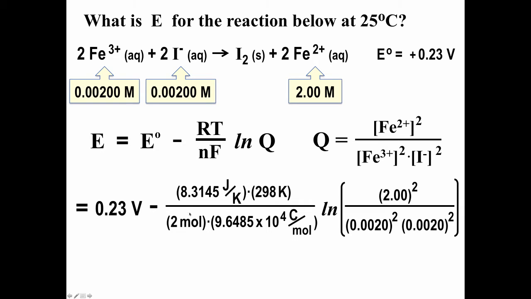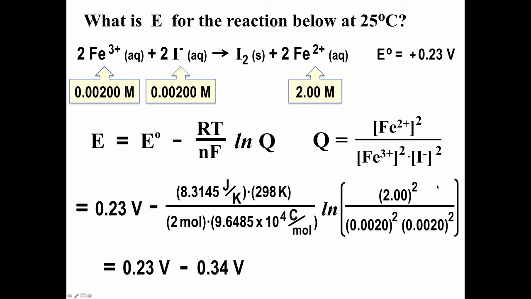Note that we have 2 moles of electrons being transferred. We saw that previously when we balanced the half reactions. And then the Faraday constant is 9.6485 times 10 to the 4th coulombs per mole. C stands for coulombs. And then ln of 2 squared over 0.002 squared times 0.002 squared, plugging in the concentrations that we start with.